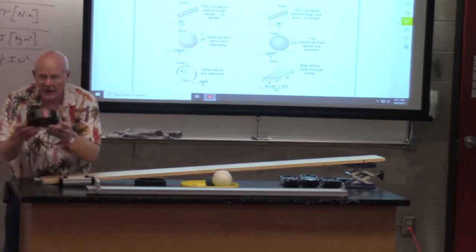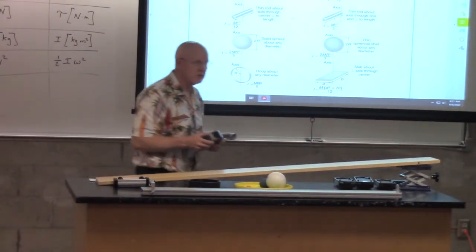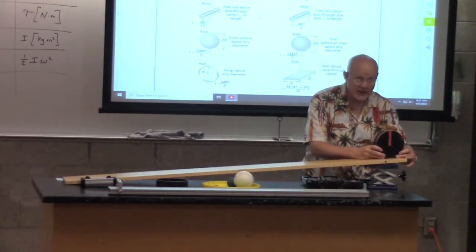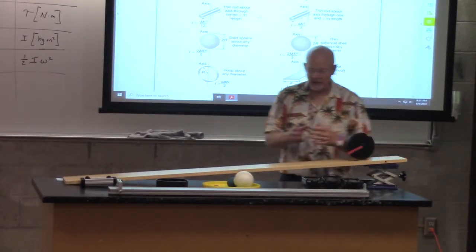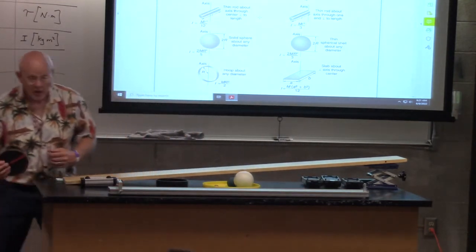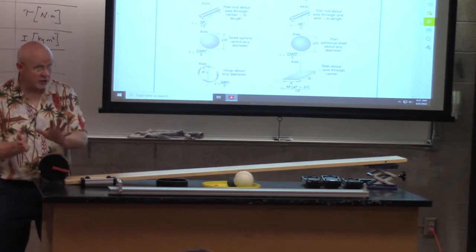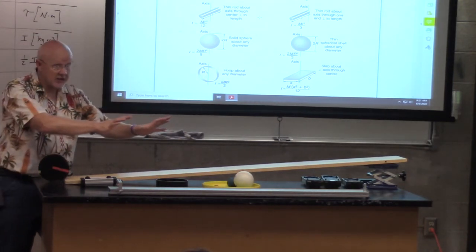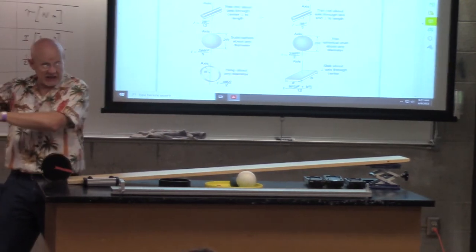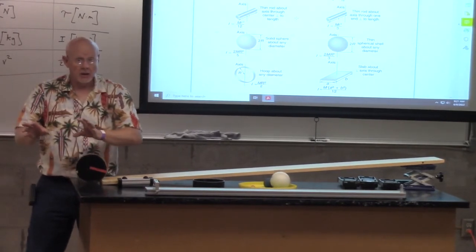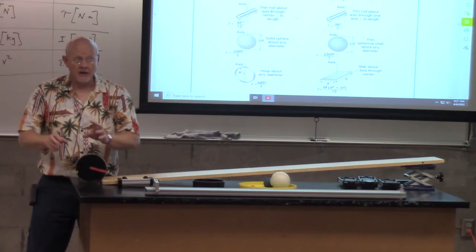Here's why that's important. What if I take a different object, one that rotates? It may still start with 10 up here. When it gets down to here, I want you to see that the 10 is now distributed, some of it into translation and some of it into kinetic energy of rotation. Let me say that again.